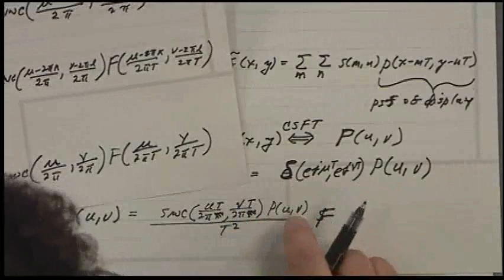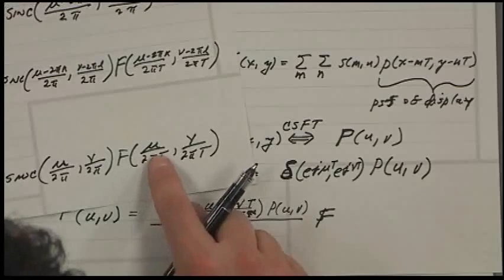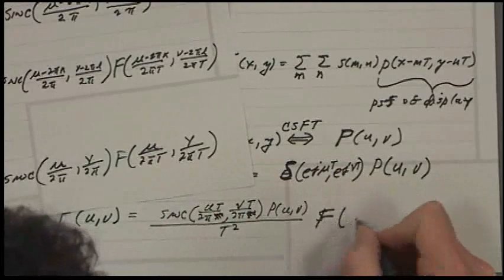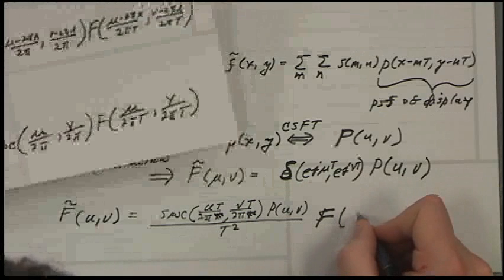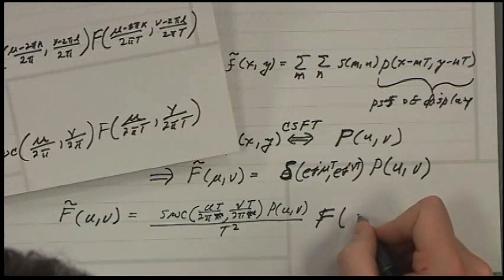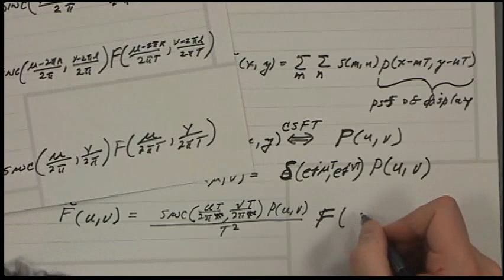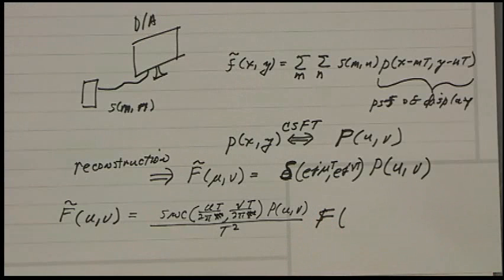I'm sorry, and this mu here, this t cancels with that t. So you get, this becomes f of oh gosh, I screwed something else up. I'm sorry. I got radians and frequency messed up.